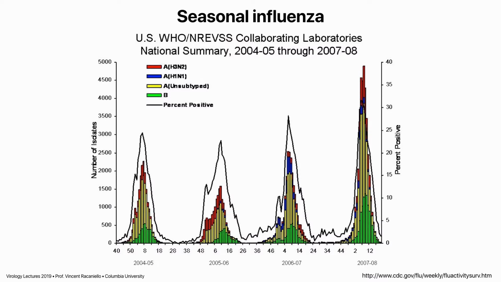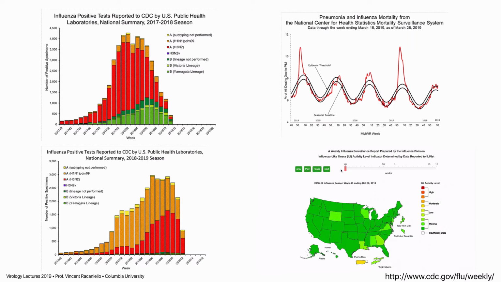So very seasonal disease. And here are some more interesting charts from the CDC website. This is from last season, the influenza positive tests. You can see it peaking here in week 4 or so, the beginning of January. So you can calculate when this is. So it starts very low, peaks, and then goes down. The colors are the different types.